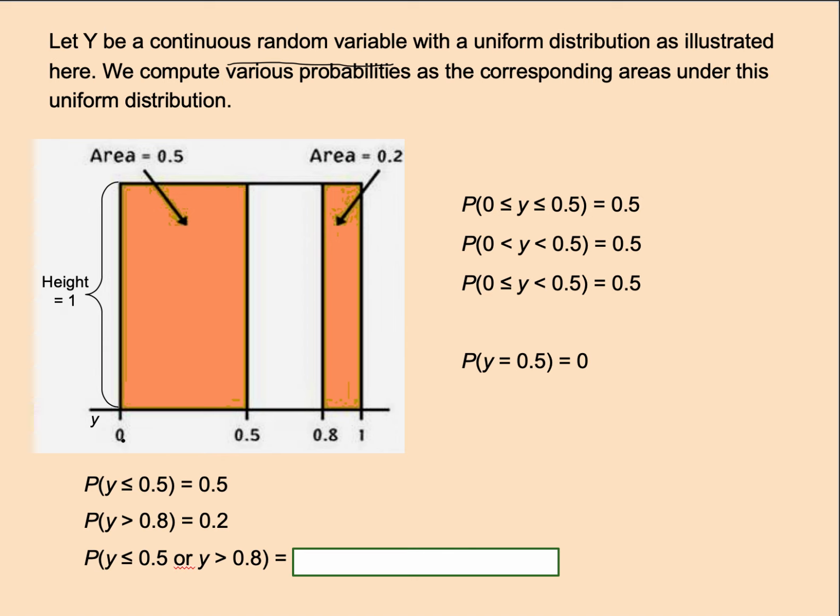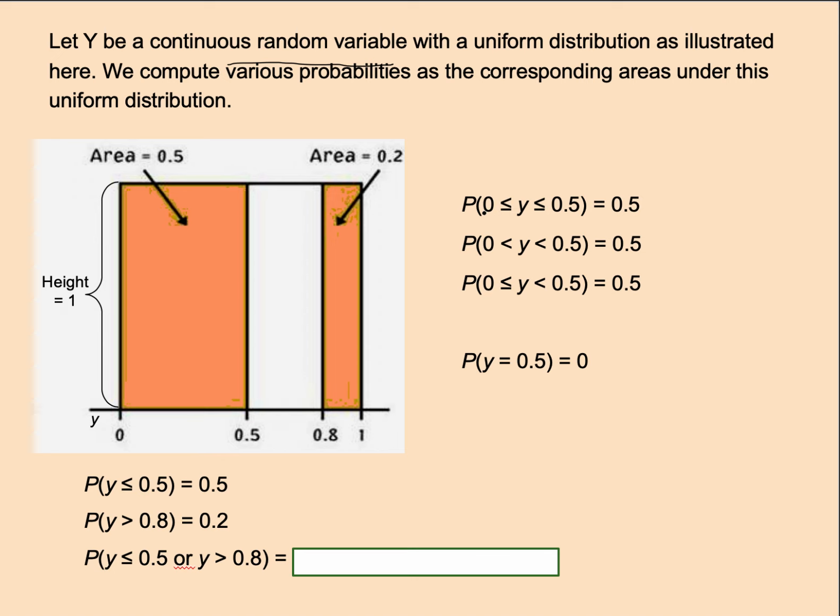So we can say that there is a margin from 0 to 0.5, 0.8 to 1, so the total probability is 1, right? So we can see that this is the total probability.